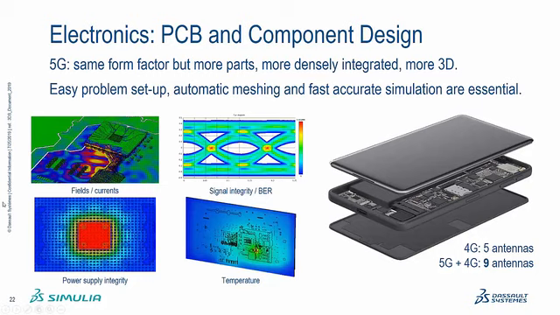So meaning that the effect of electromagnetic field propagation in this compact three-dimensional environment becomes even more important when we're thinking about quantities like the signal integrity or the power supply integrity. So you need to start doing full 3D simulations and not only simulating at a circuit level.